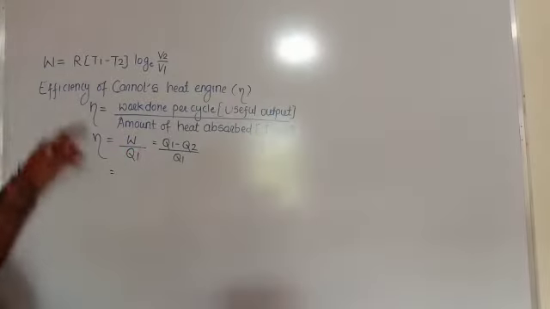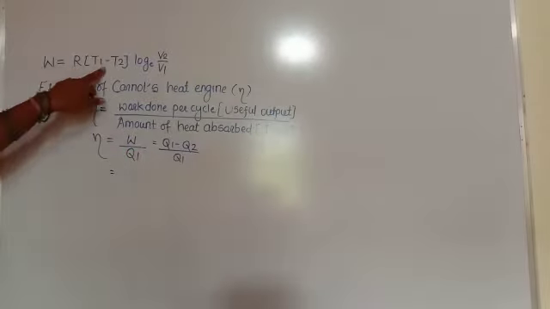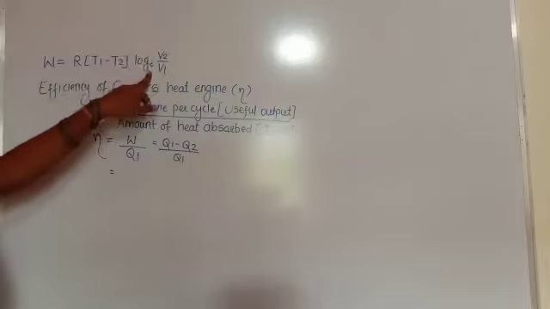We have the value of work done, that is R (T1 minus T2) log_e (V2 by V1), which we calculated in the previous class.